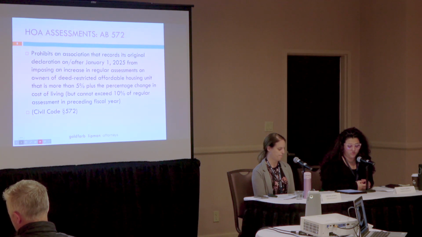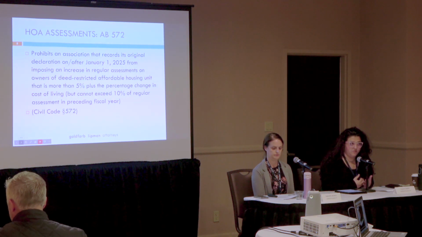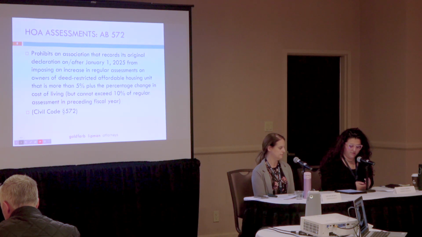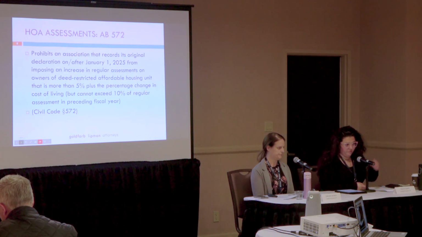And basically this law says that an association that has inclusionary housing units cannot increase the regular assessment on the owner of one of those affordable housing units by more than 5% plus the percentage change in the consumer price index, or 10%, whichever is lower, over the prior year's assessments.